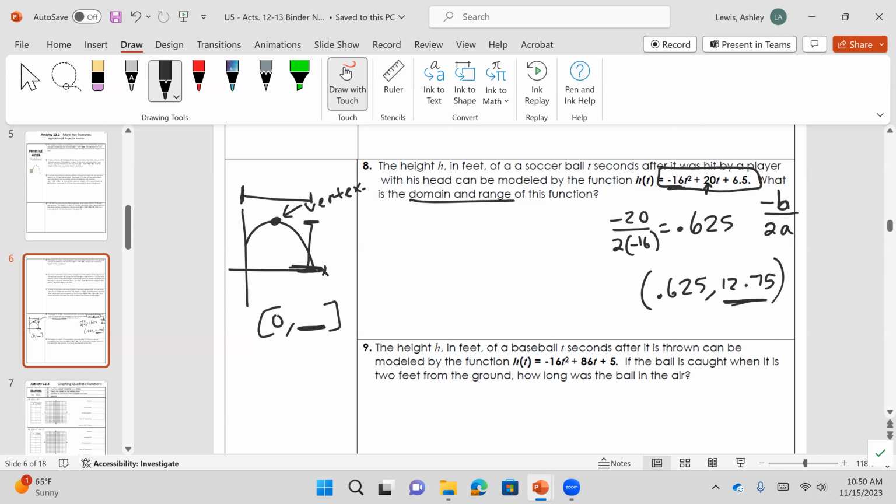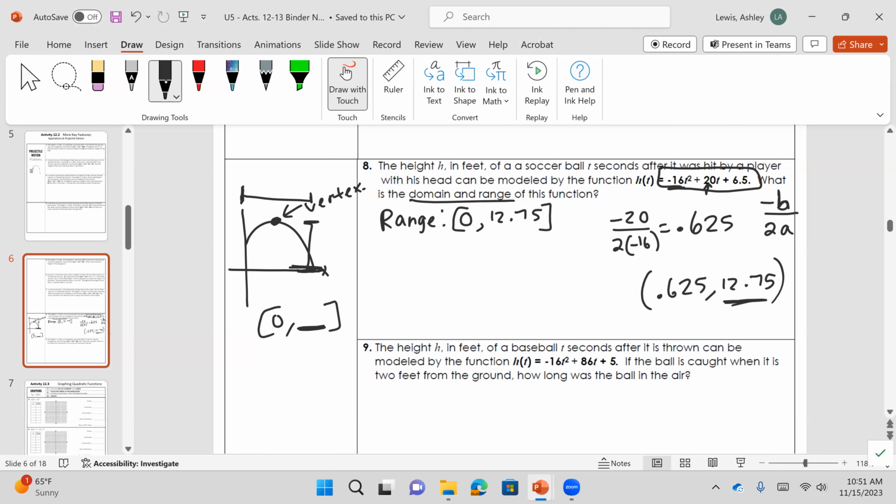Does that make sense? So for the range, the lowest that the ball goes is 0 feet, and the highest that the ball goes is 12.75 feet. So that would be the range.